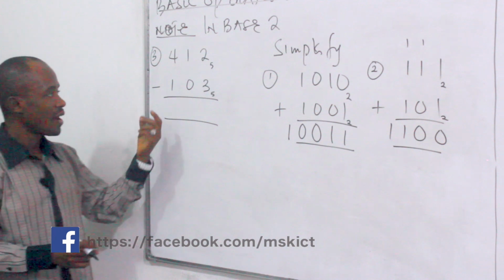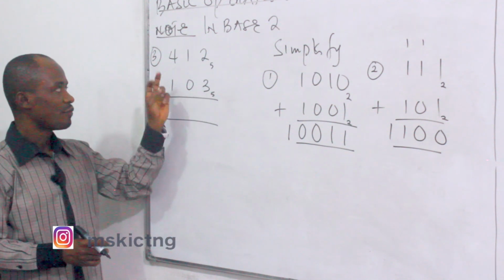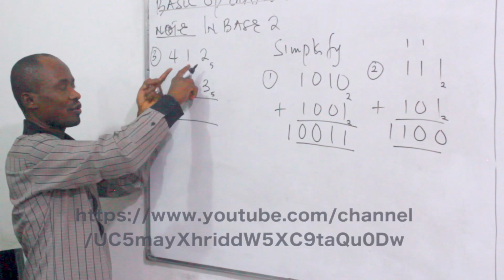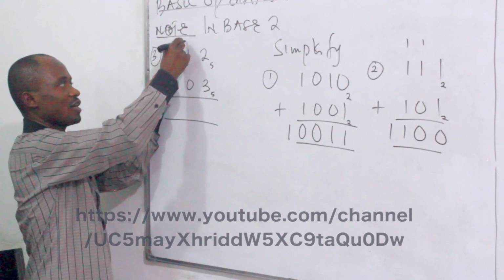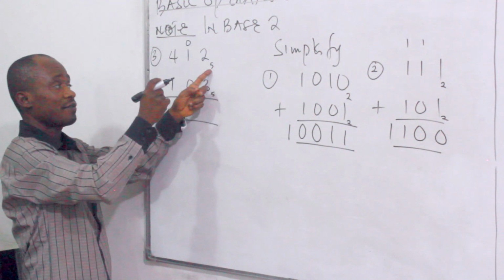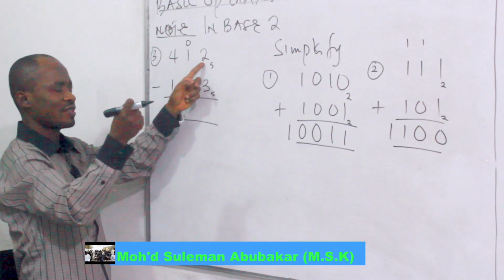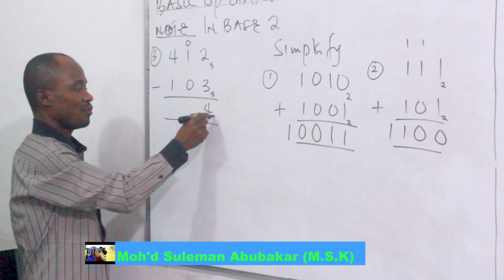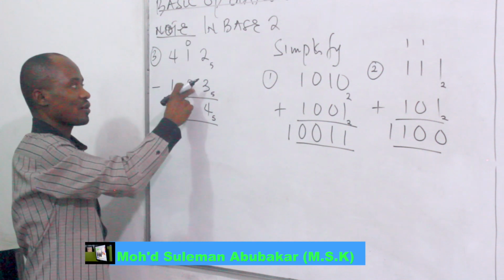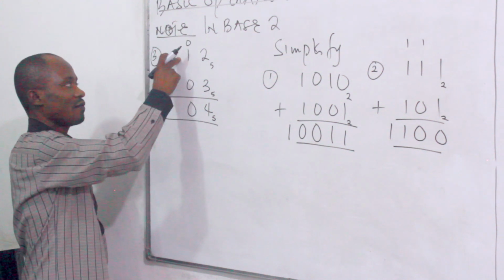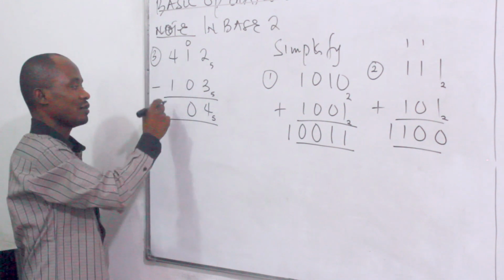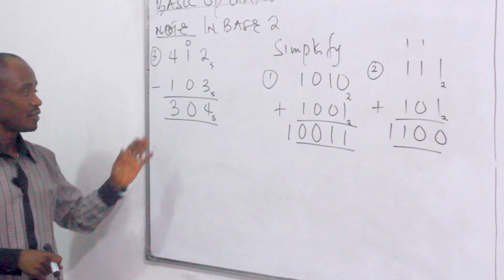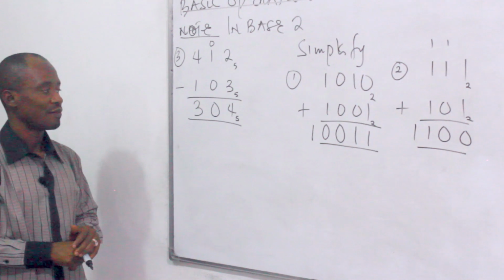Then we are asked to subtract 103 from 412. All we do is 2 minus 3, it can't. We borrow from here. When you borrow, what's left here is 0. Because you are working in base 5, what you borrowed is now 5. 5 plus 2 is 7. Then you have 7 minus 3. The result is 4 in base 5. What's left here is 0. 0 minus 0 is 0. So you have 4 left here. 4 minus 1, the answer is 3. So the result is 304, not just 304, but 304 in base 5.